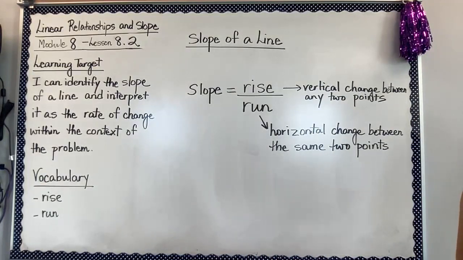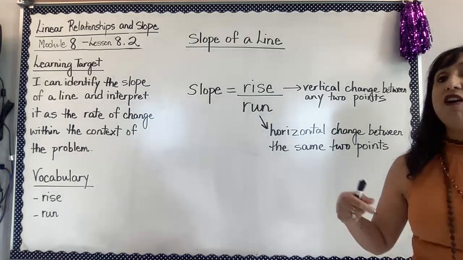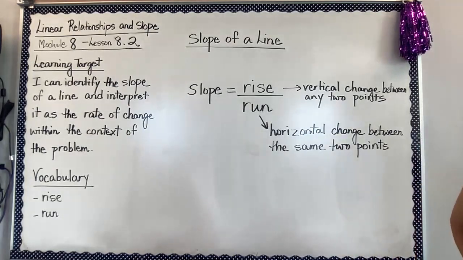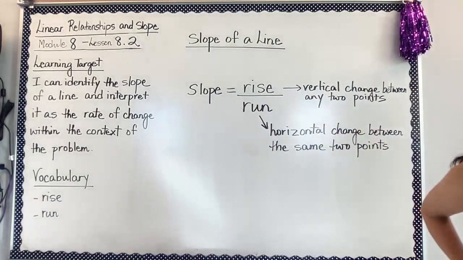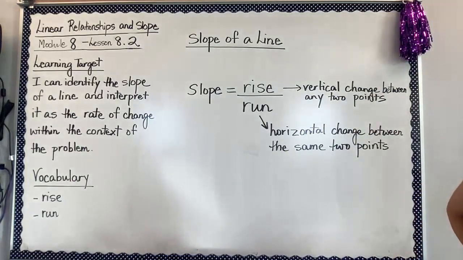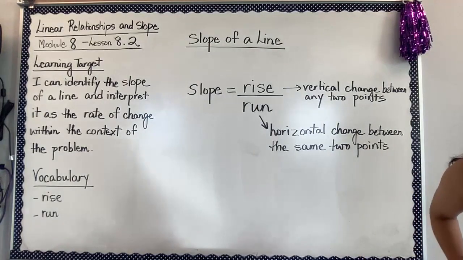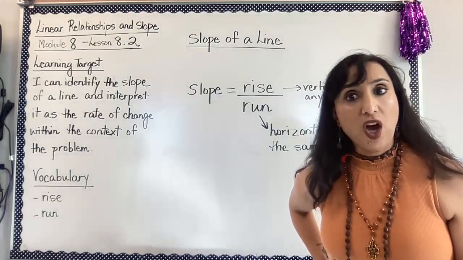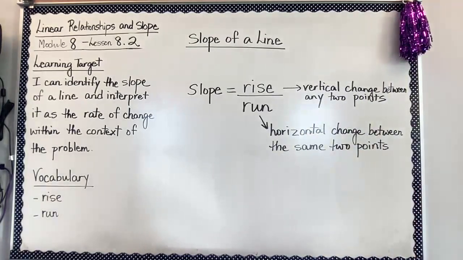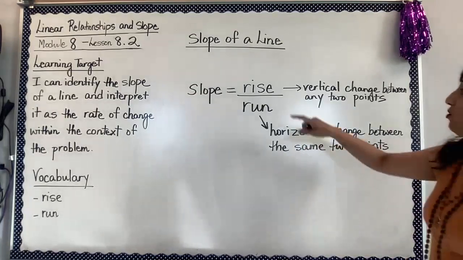The vertical change is the change in the y value, and this is called the rise, while the horizontal change is the change in the x values, and that is called the run. Okay, so slope is the ratio of the rise to the run.